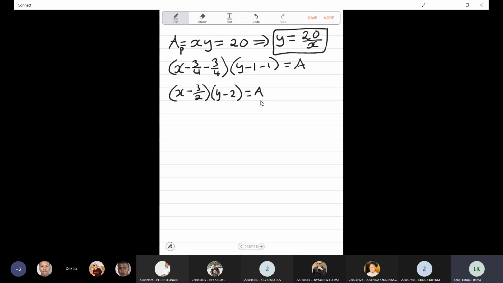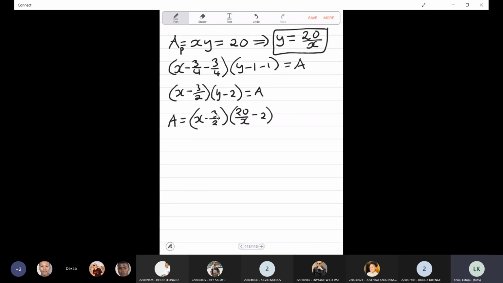So we have A is equal to x minus 3 over 2, and instead of y, we say 20 over x minus 2, and that is our equation. And now we want to maximize or work out what x is at the maximum. So we would have to differentiate.